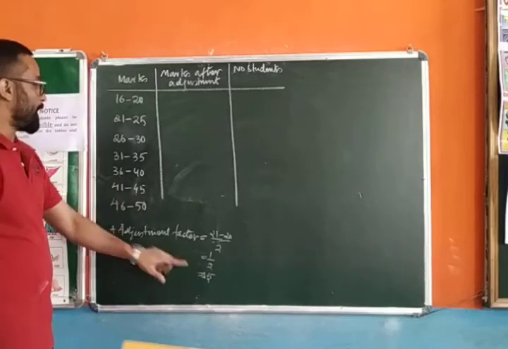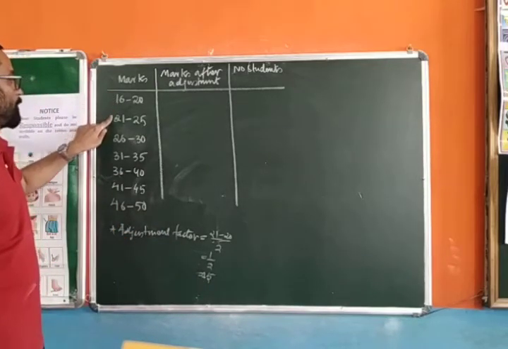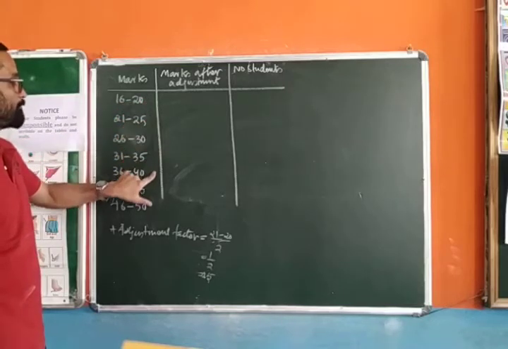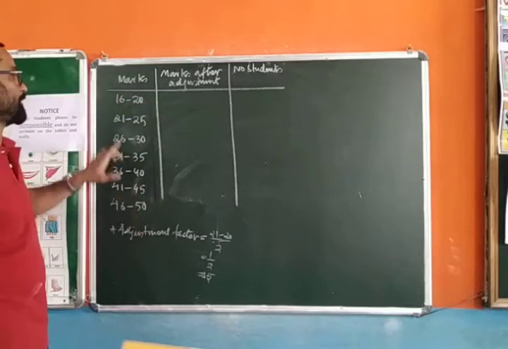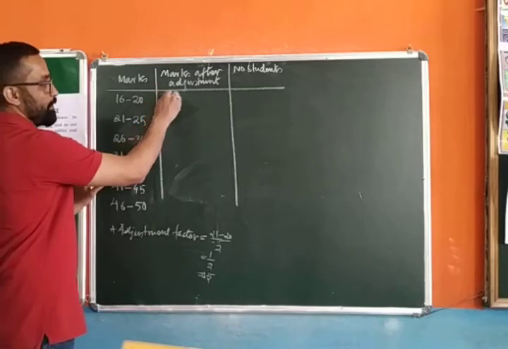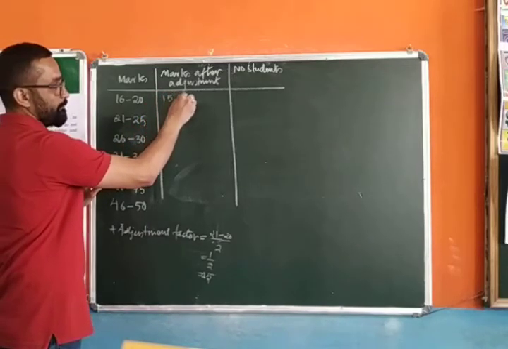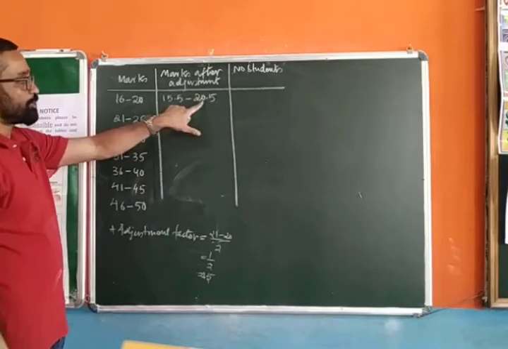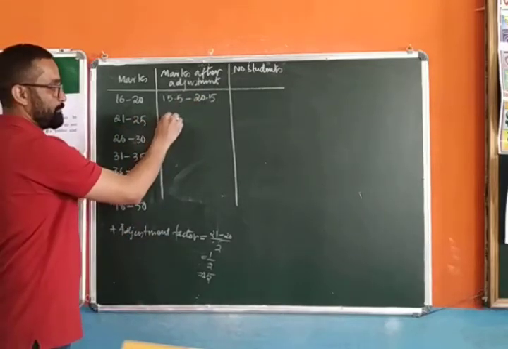This 0.5 you subtract from the lower limit, and 0.5 you add to the upper limit. For 16, it is 15.5 to 20.5.